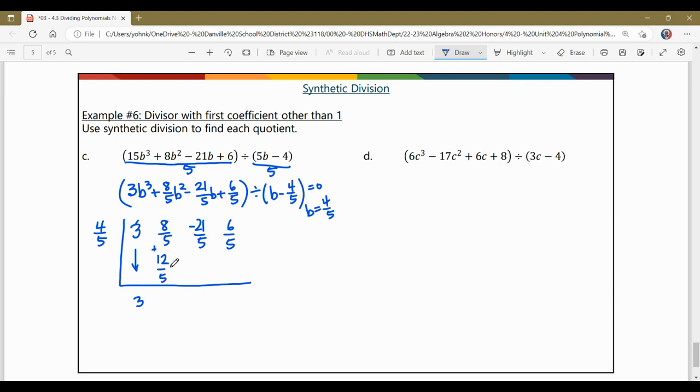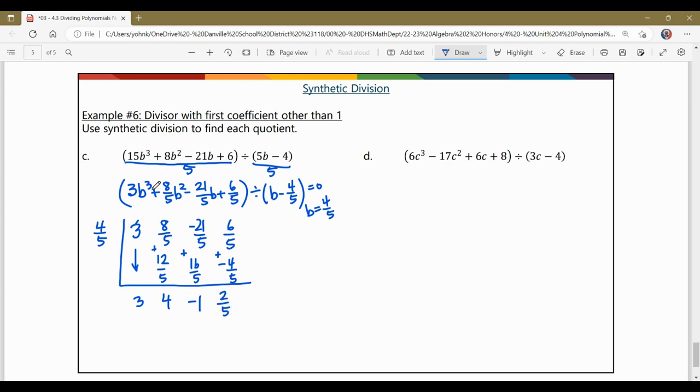I'm going to add 8/5 and 12/5 is 20/5. 20/5 is 4. Then I'm going to multiply 4 times 4/5 is 16/5. I'm going to add -21/5 and 16/5 to get -5/5, which is -1. Then I'm going to multiply -1 times 4/5 to get -4/5. Then I'm going to add 6/5 and -4/5 to get 2/5.